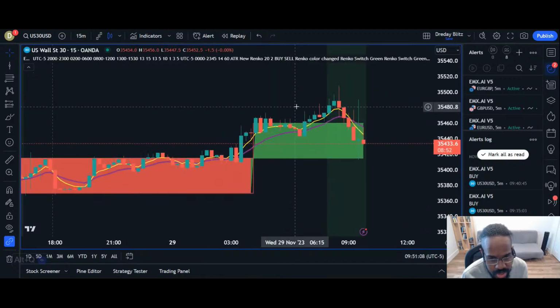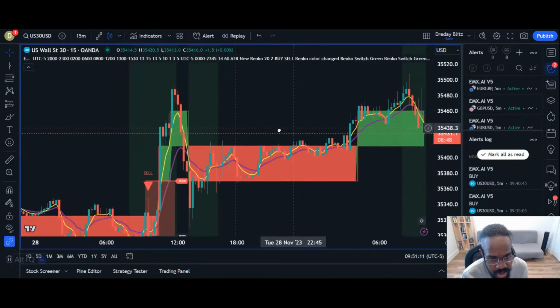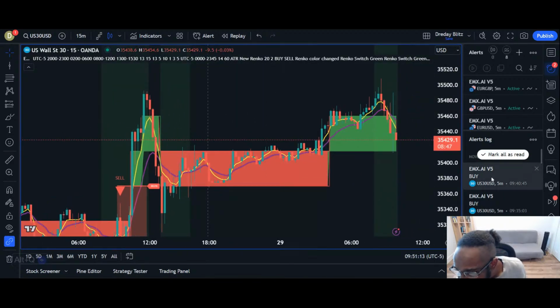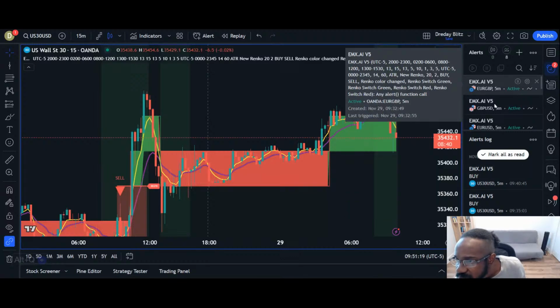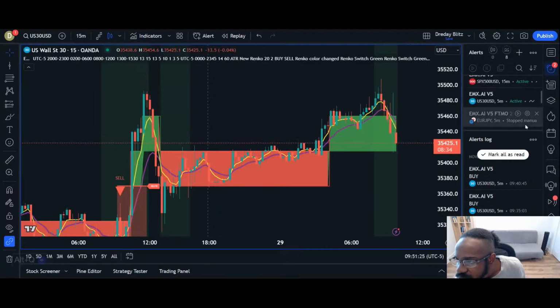You need to change your time frame to make sure that you're on the right one. So that means that the signals I'm going to remove them because it's not based on the right time frame. I'm pretty sure all of them are on the 5 minutes. Most of them, yes. So I have to redo the settings here.